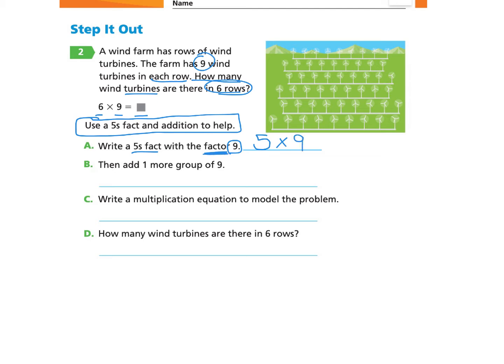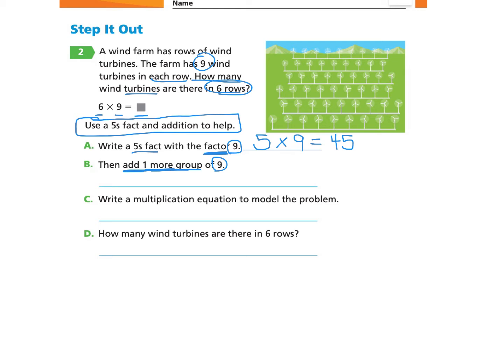So we have created 5 multiplied by 9. And when we multiply 5 9 times, we would get the answer of 45. So this is our multiplication equation. And then it gives us another instruction, part B. Then add one more group of 9.